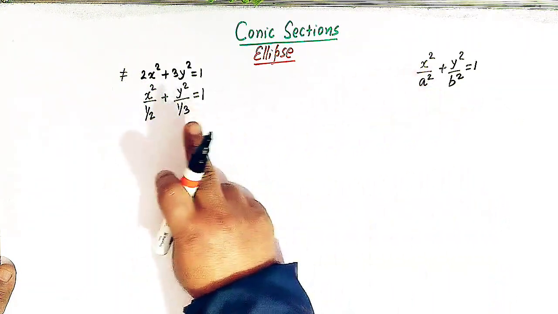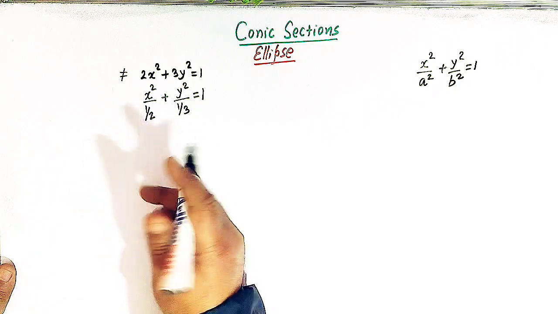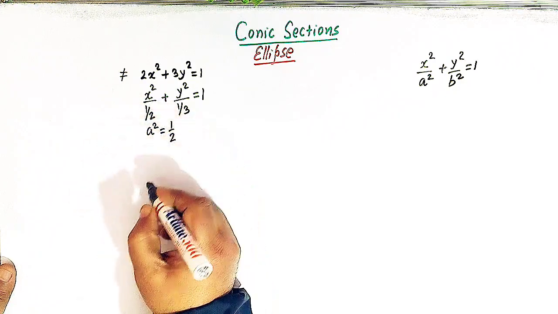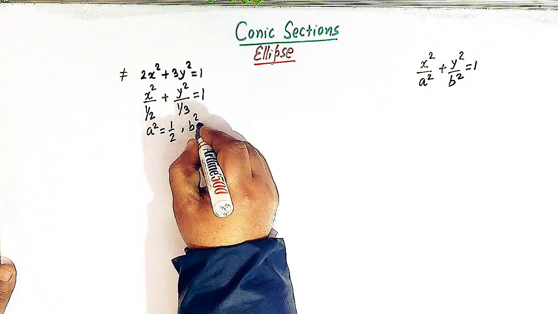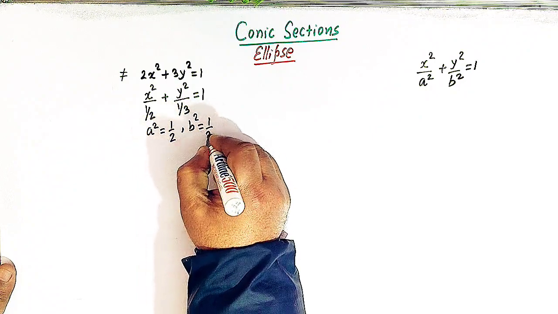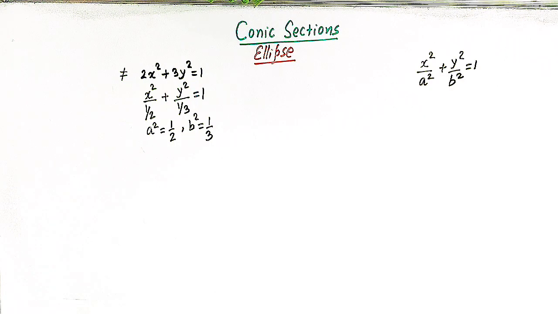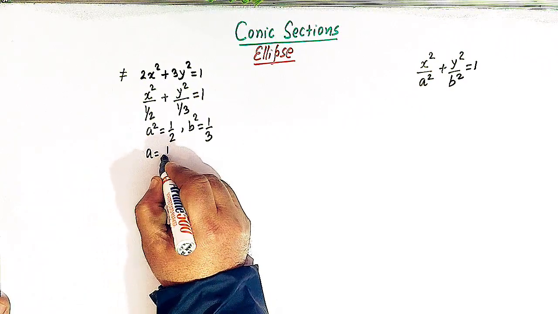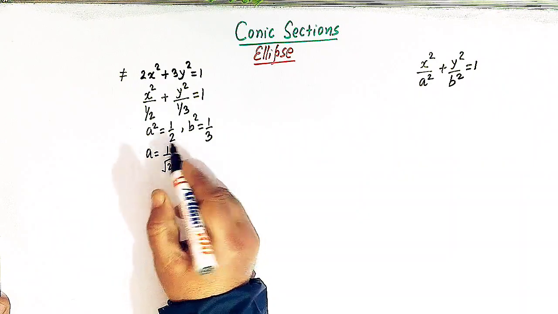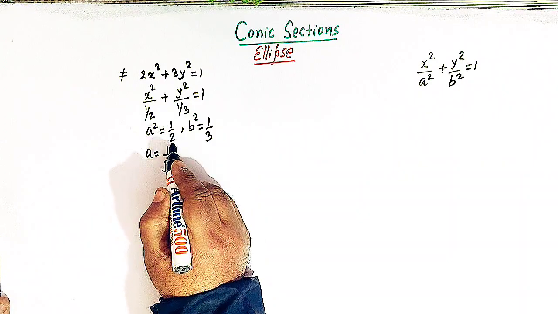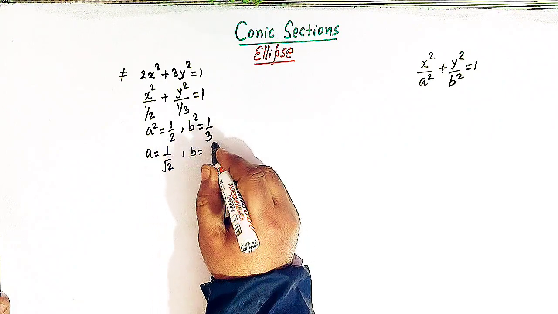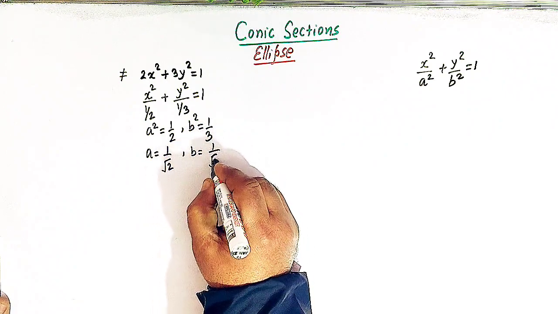So if we compare this equation with this one, then we can see that a square is given by 1 over 2 and b square is given by 1 over 3. So now the value of a is 1 over square root of 2, taking the square root of 1 over 2, and the value of b is 1 over square root of 3.